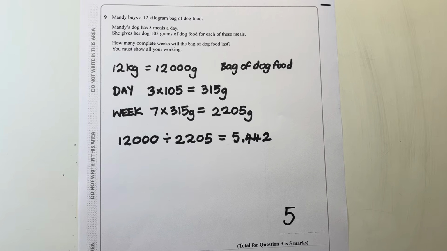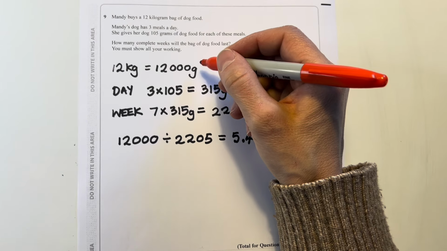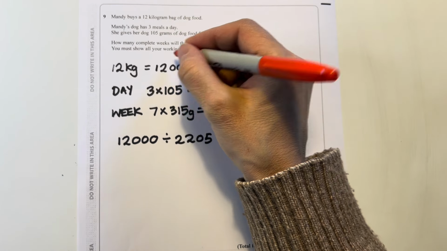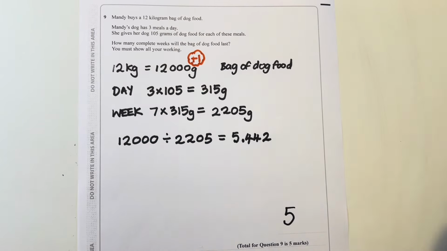This question is worth 5 marks, and we must see working out to get any of these marks. The first mark is for getting consistent units, and so we've worked with grams, so showing the 12,000 grams would give 1 mark.